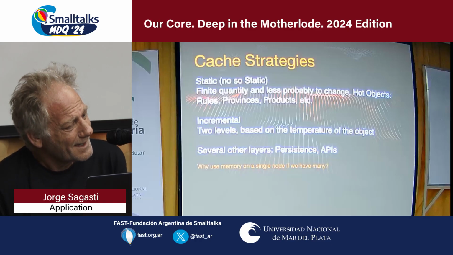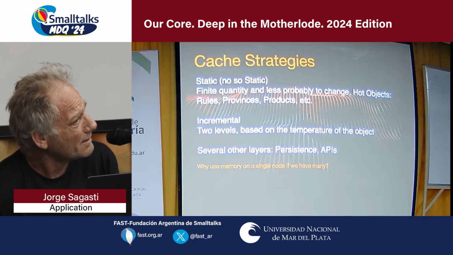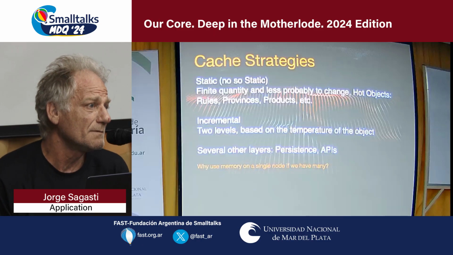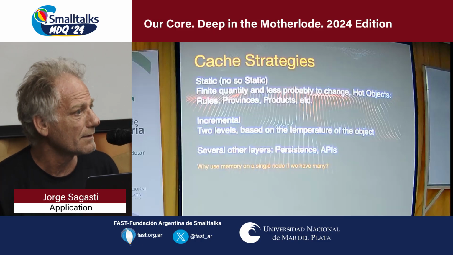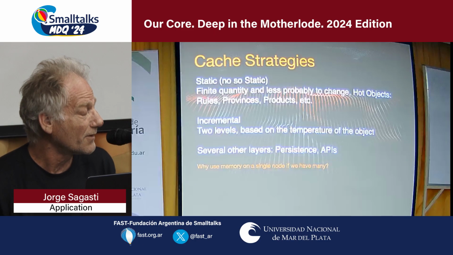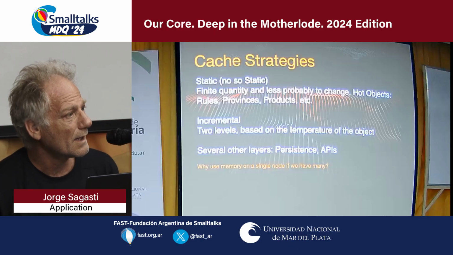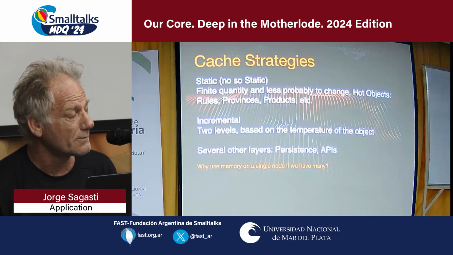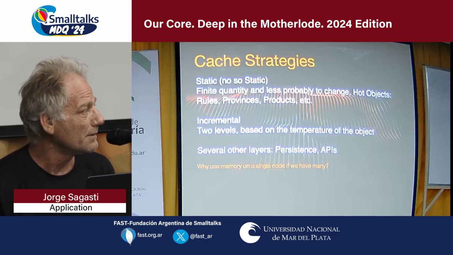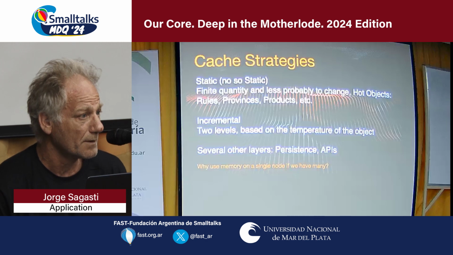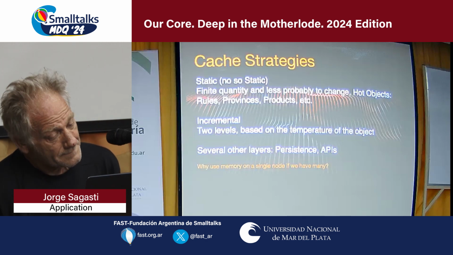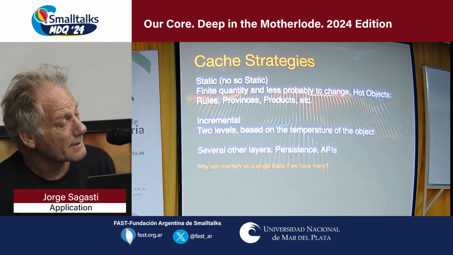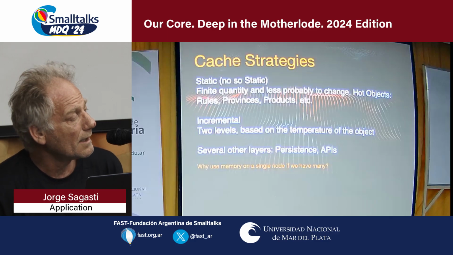And I said not so static because it can change. We can add a province while the system is running, of course. And I'm going to show you how we handle that, because we handle it. We don't need to restart each instance just because we added a province. And the nice part is the incremental cache.